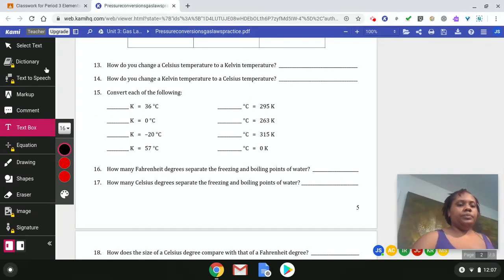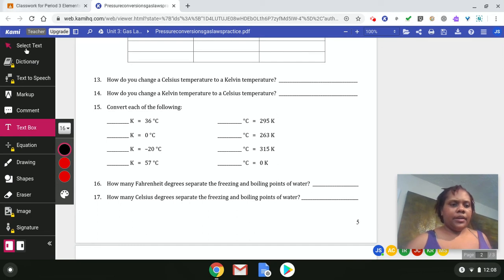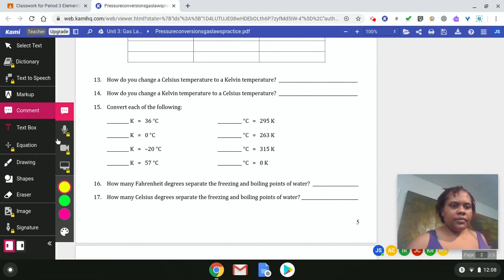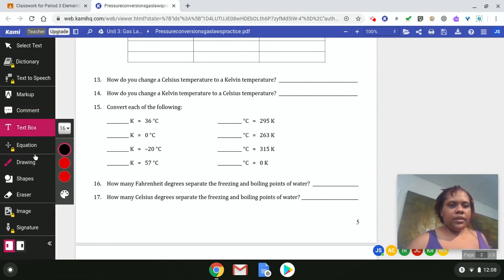So I will, again, if you go over to your section, you can click on highlight. I can't even find highlight right now. Just know I'm doing this one, and I'm not sure why it won't let me highlight right now.